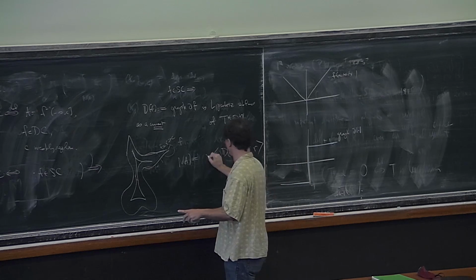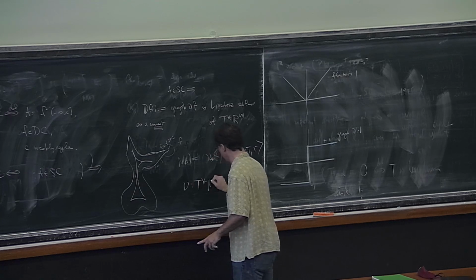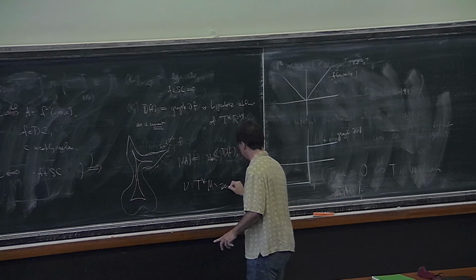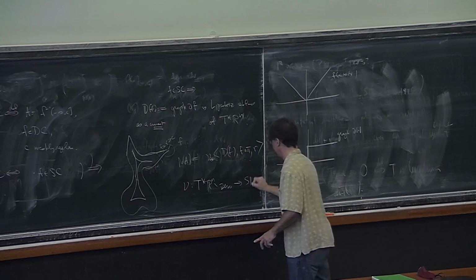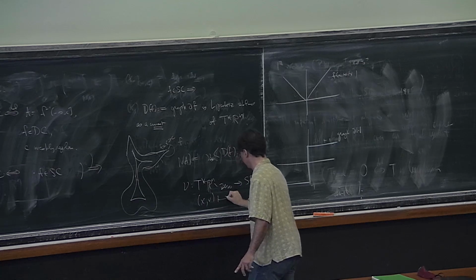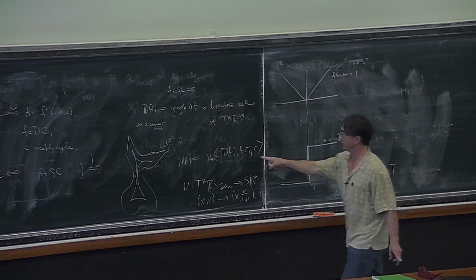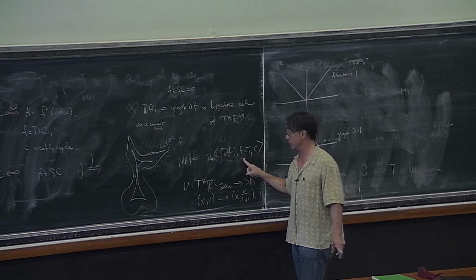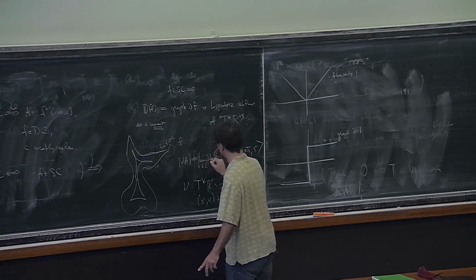So if I normalize, I take nu, which takes T*M minus the 0 section out to S^(n-1): (x,v) goes to (x, v/|v|). Okay, so this is well defined out here, at least for values of r slightly larger than c. I take this limit, like so.